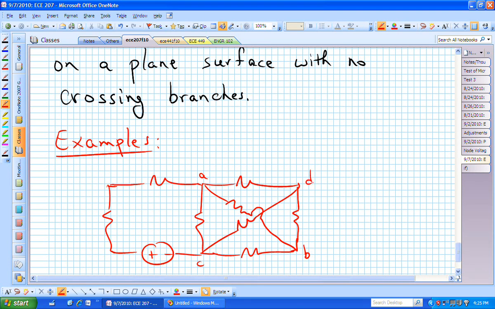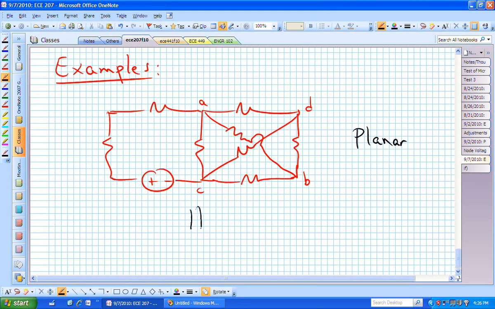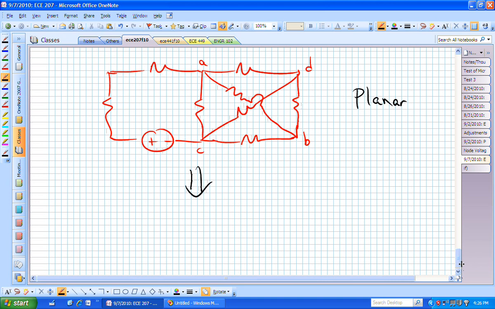Does that make sense? Meaning, I can actually stretch that resistor between A and B and pull it outside and actually draw the circuit differently so that it is a planar circuit. This one is a planar circuit because this is equivalent to the following.